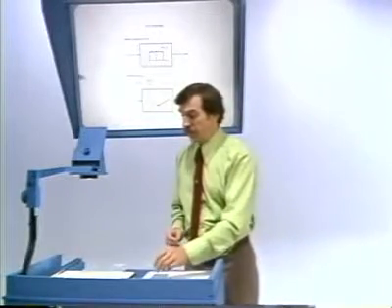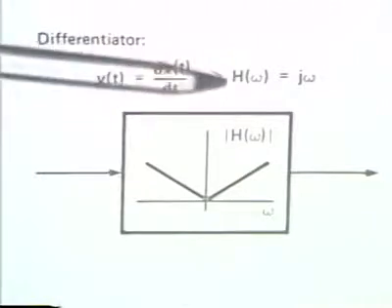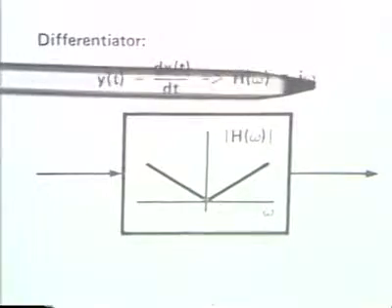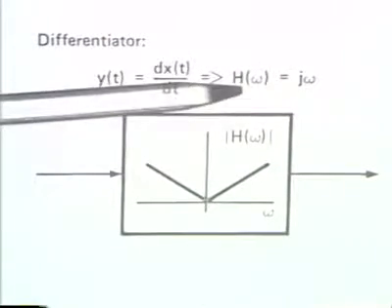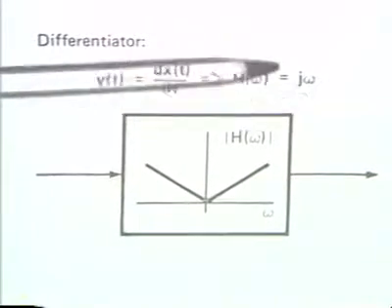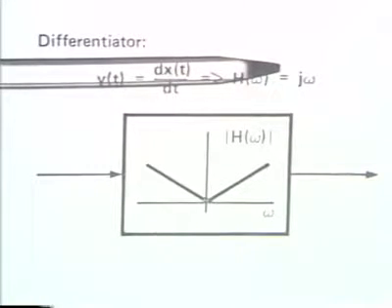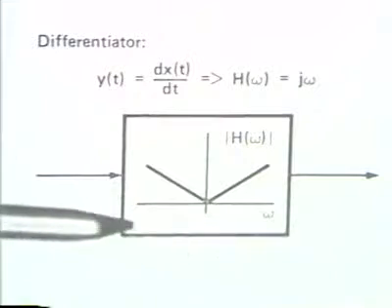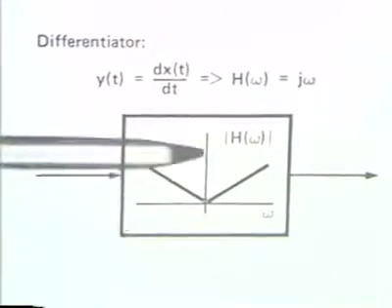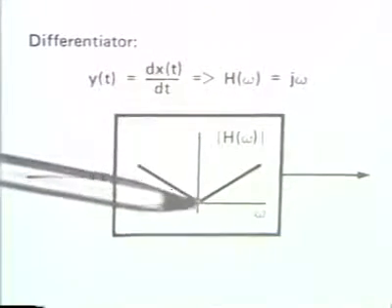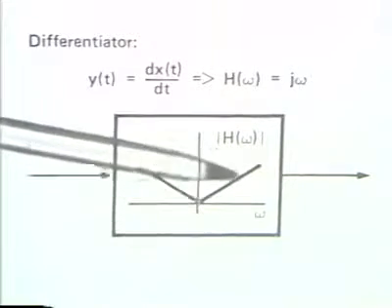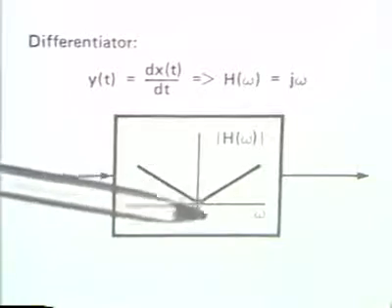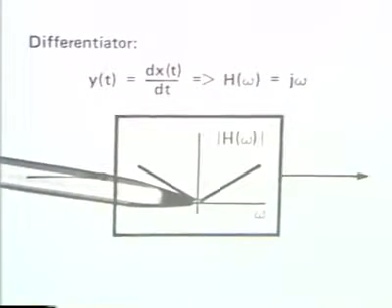So if we have a differentiator, the frequency response of that is j omega. In other words, the Fourier transform of the output is j omega times the Fourier transform of the input. And so the frequency response of a differentiator looks like this in terms of its magnitude. And what it does, of course, is amplify high frequencies and attenuate low frequencies.